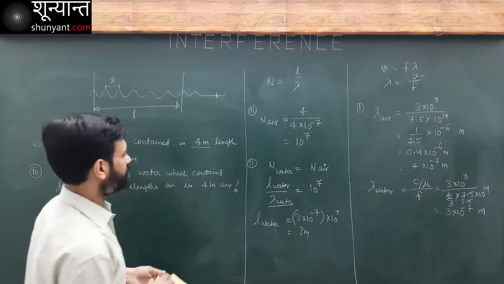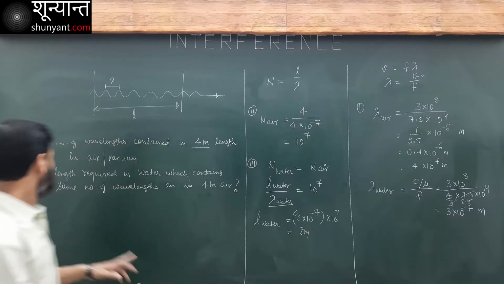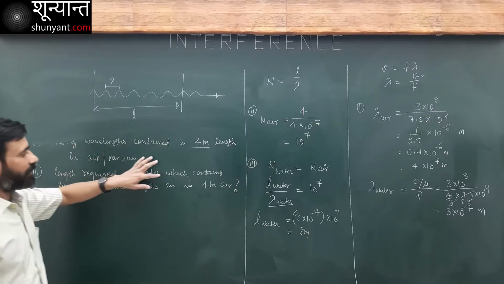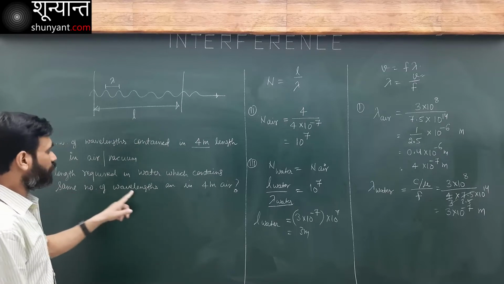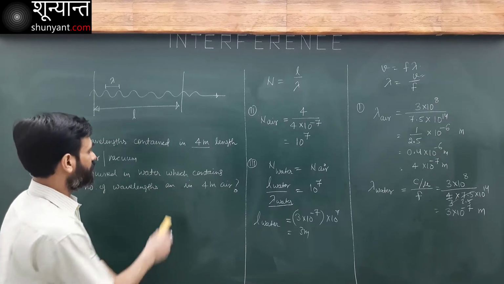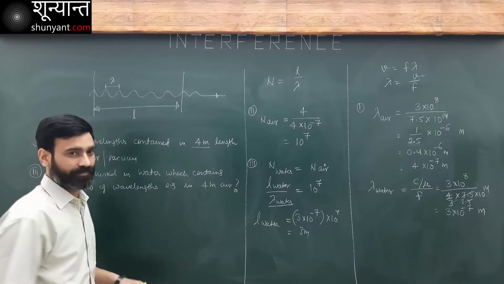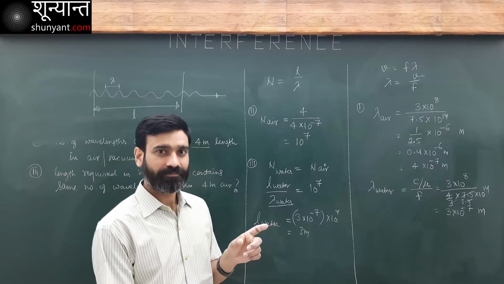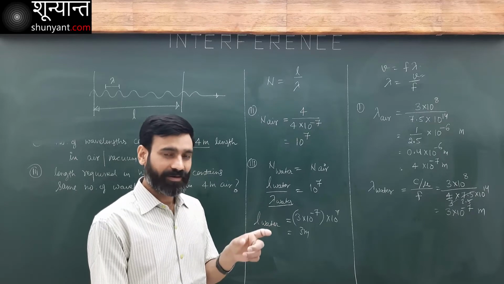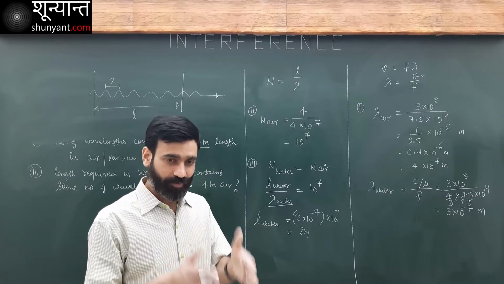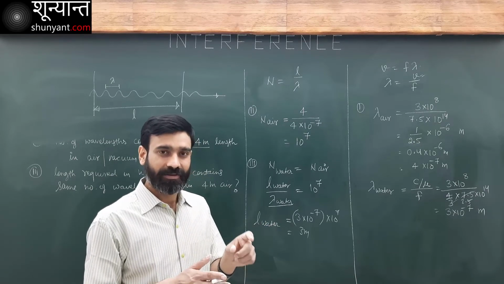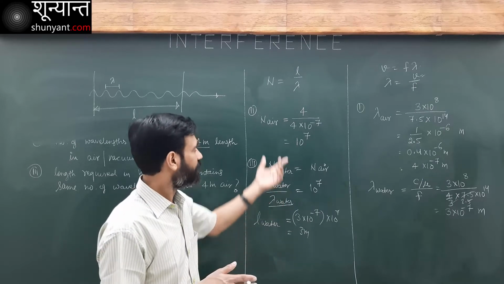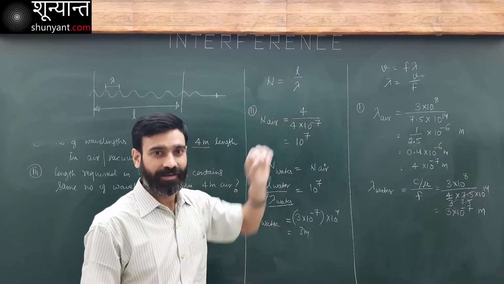What is this? This is the third part. It is the length required in water which contains the same number of wavelengths as in 4 meter length of air. That means a 3 meter length in water contains the same number of wavelengths as is contained in a 4 meter length in air.